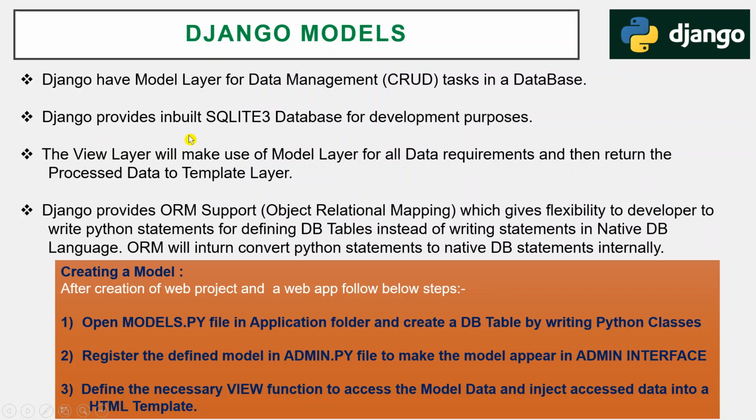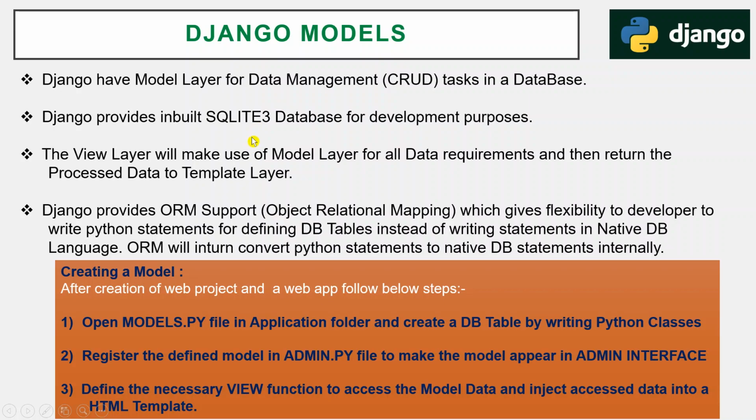Next, Django provides an inbuilt SQLite3 database for development purposes. In our last classes, after running the development server, if you observe the project directory, one additional file called SQLite3 will be created. That database will be used for development purposes.